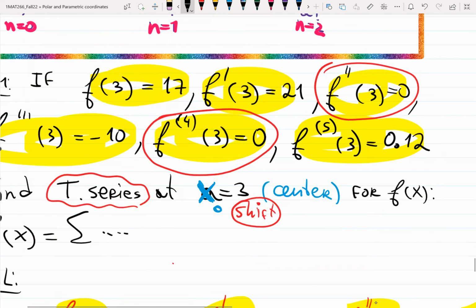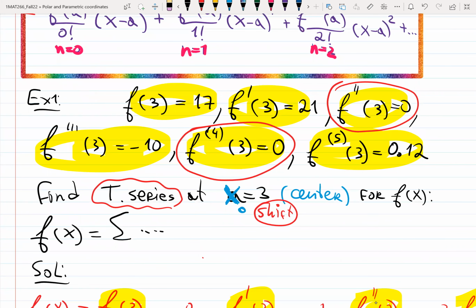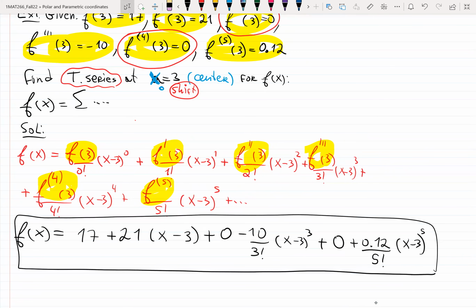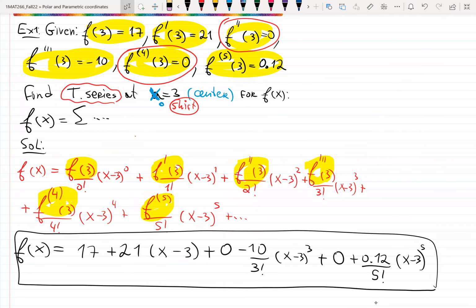So you see, sometimes people say, given the data, this data was collected, find the Taylor series for f of x without knowing what f of x is. We just know f of 3 and some derivatives, and not even all of them, just some of them. And that's why they have lots of applications.